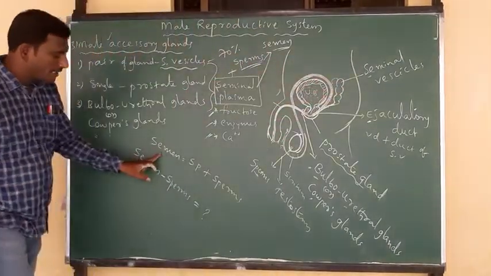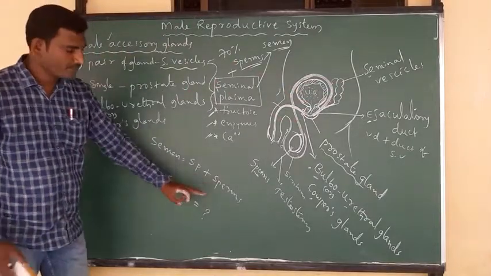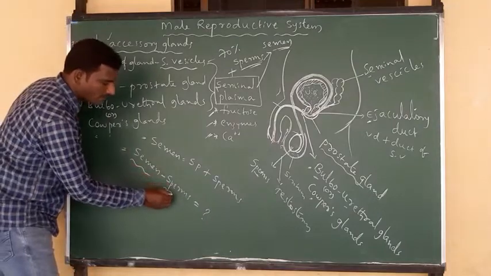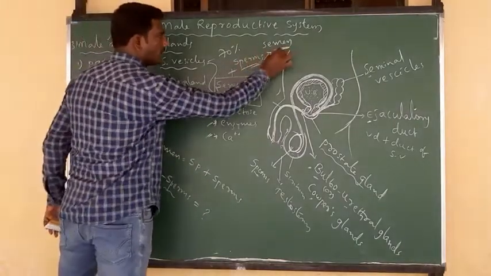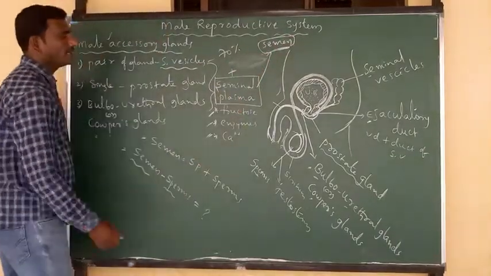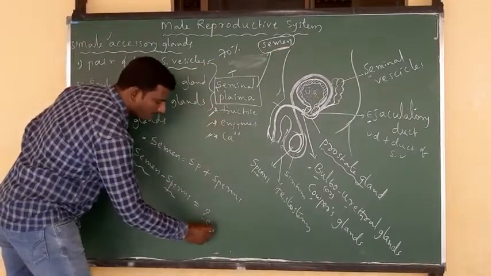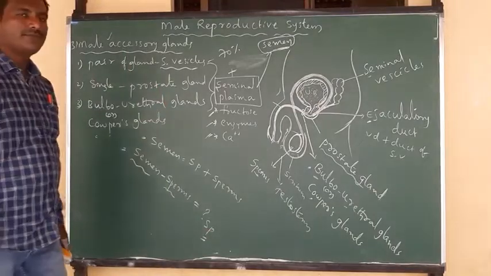Now semen is equal to seminal plasma plus sperms. So the question is: semen minus sperm cells. Semen minus sperm cells means from this semen, sperm cells are not there. Then the resultant substance is seminal plasma. Clear?